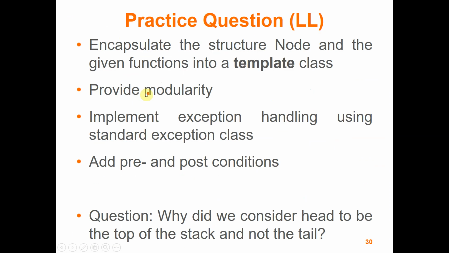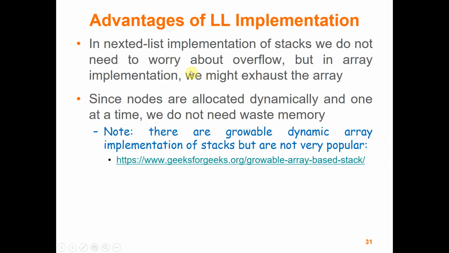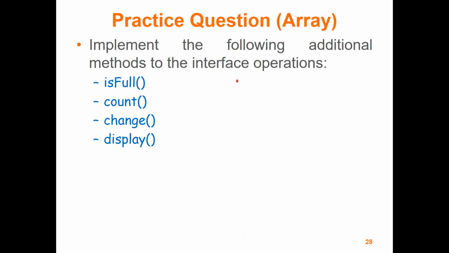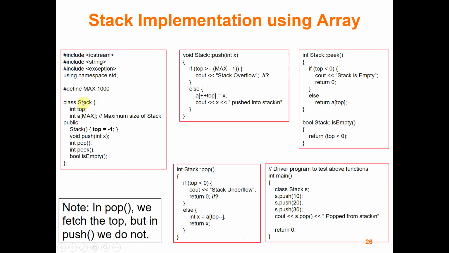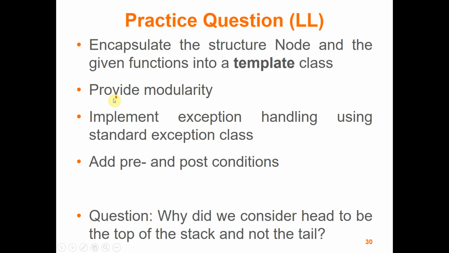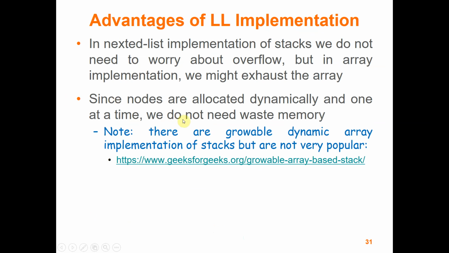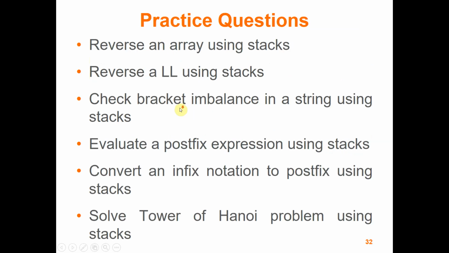So the linked list implementation would be more efficient. I also wanted to mention that it is possible to do the array implementation using a dynamic array, and make it bigger as needed. So this is a link that you can follow to see how this is done using dynamic arrays.